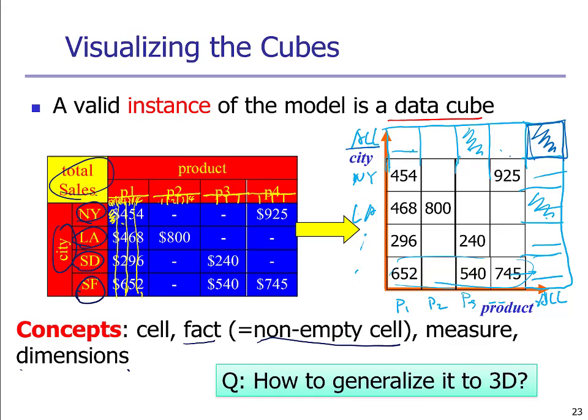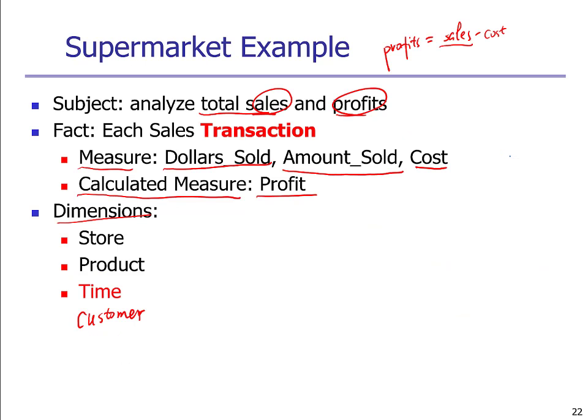All right, but what if the hierarchy structure is not that straightforward, say more than 2 levels? What if, for example, for products we actually have categories, right? For cities we actually have a state as well. Let me find somewhere. Yeah, here it is.